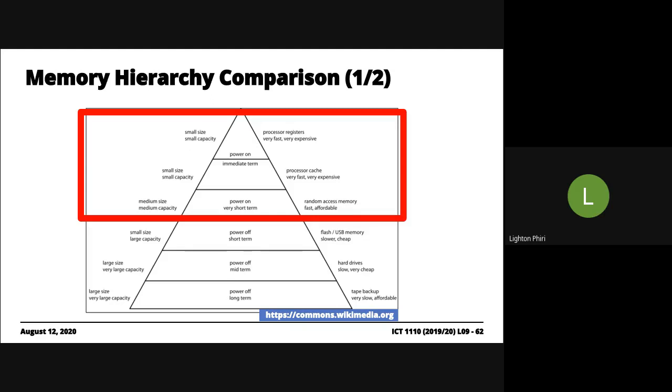But otherwise, if it's a normal microcomputer, what you typically have is far less RAM in comparison to secondary storage, far less CPU cache in comparison to RAM. So far less level 1 cache in comparison to level 3 cache, for instance.